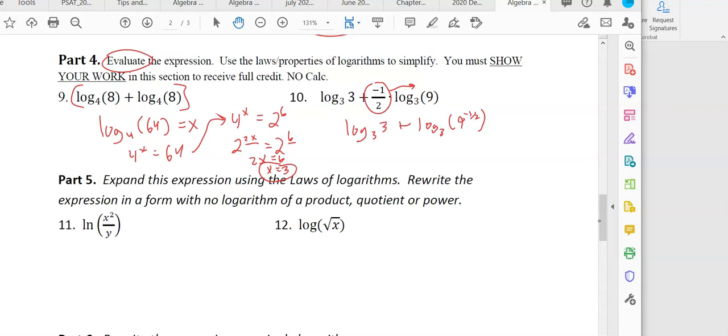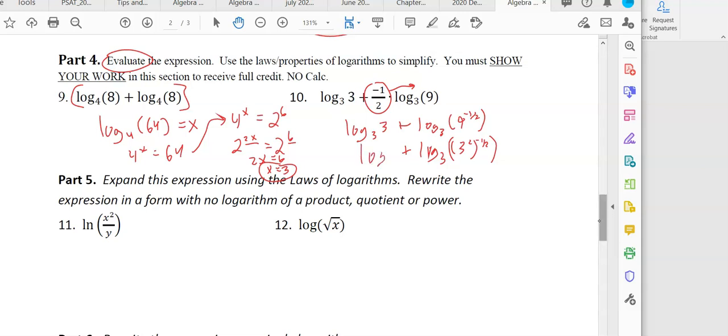So negative makes it go to the denominator, and hopefully you know that. Well, how about we do this? Let's change that to 3. So this would be plus log base 3 of 3 squared to the negative 1/2. Maybe that'll help. It's a negative 1/2.